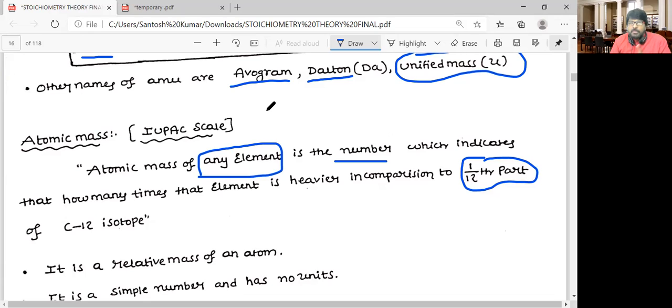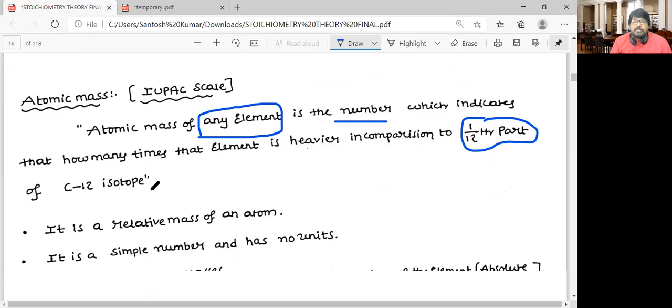Similarly, here the reference element is carbon 12. 1/12th part of C12 isotope is 1 AMU. When compared to this, how many times is that element heavier? Oxygen is 16 times heavier. Nitrogen is 14 times heavier. Calcium is 40 times heavier. So these are all reference masses.